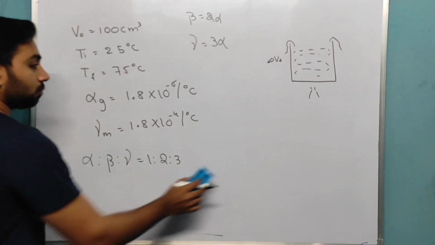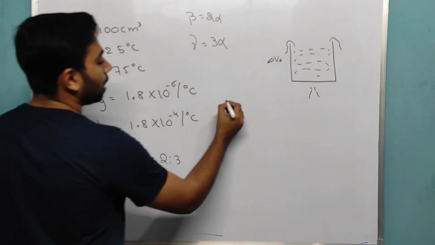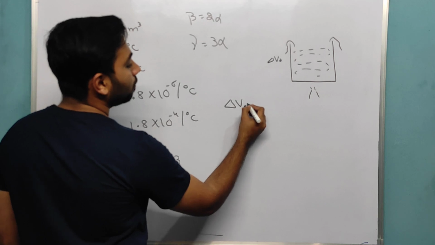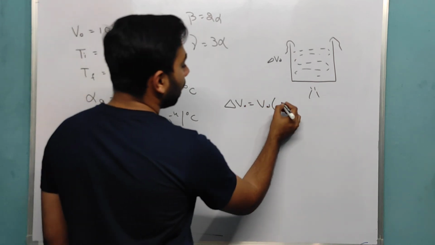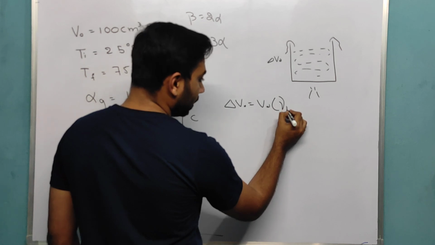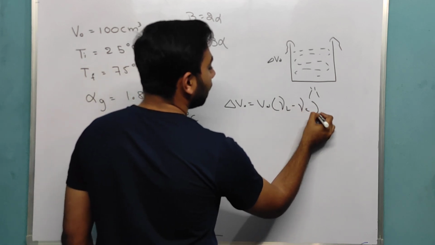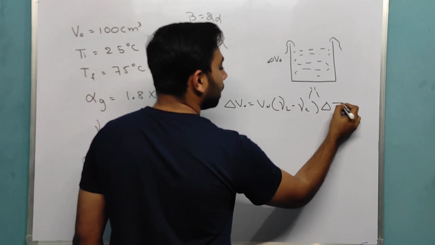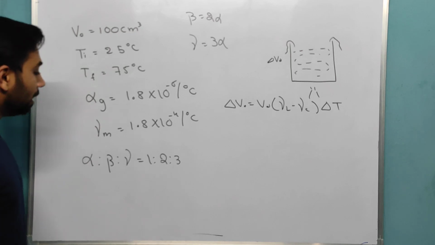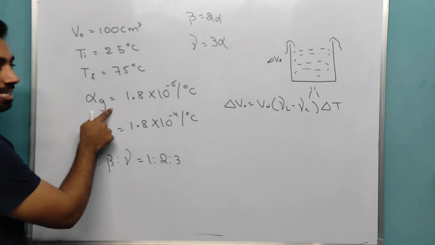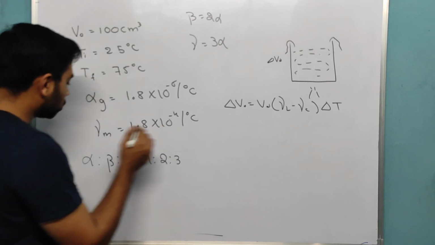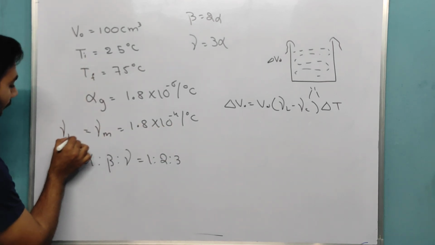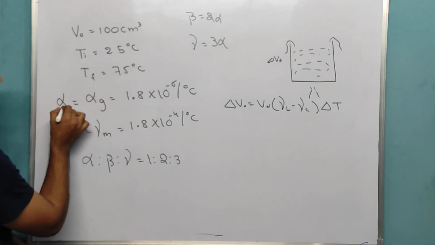Now, if I come to the final answer, the expression is liquid minus container into change in temperature. In this, mercury is the liquid and glass is the container. So this is for the liquid, and this is for the container.